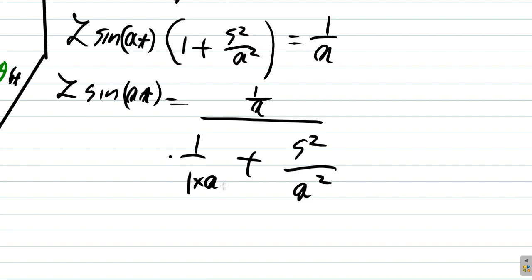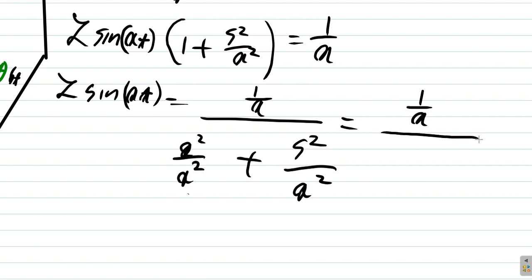If you multiply 1 by a squared, it is the same one, if you remember your fractions. And we have a common denominator, an a squared here and an a squared here. So this amounts to a squared over a squared, the same thing you would get if you draw the line and find the LCM. So this is 1 over a divided by a squared plus s squared over a squared. Have to remember your fractions.